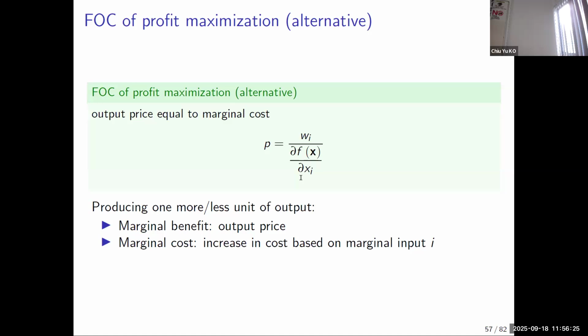And you can do it through input I. If you want to produce one more unit of output, how many I you need is 1 over this, right? Because you increase one I, you get this one. You reverse it, you get this. It's a ratio thing. And 1 over this is how many units of I you need, and this multiplied by that is the total cost of doing so. So it should be the same.